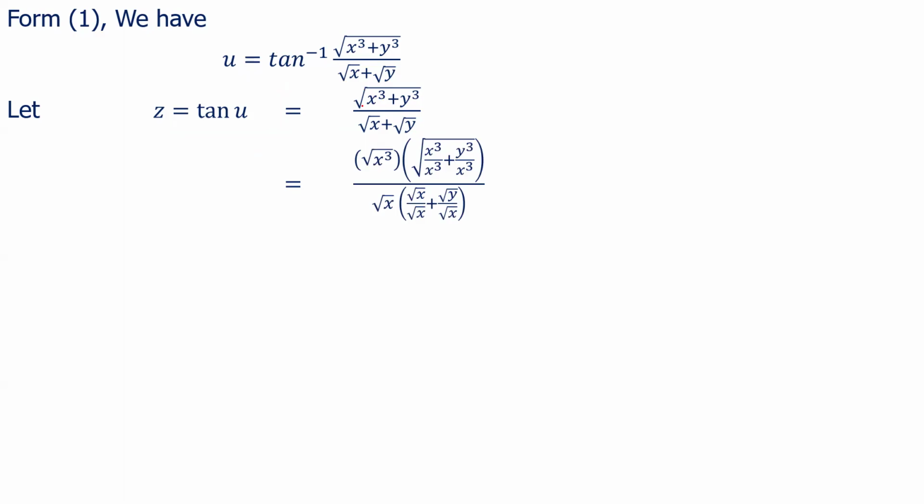We first multiply and divide by root of x cube in the numerator as well as the denominator of the expression. So root of x whole cube into root of (x cube upon x cube plus y cube upon x cube). In a similar manner, root x multiplying, so root x also dividing over here: root x upon (root x plus root y upon root x).